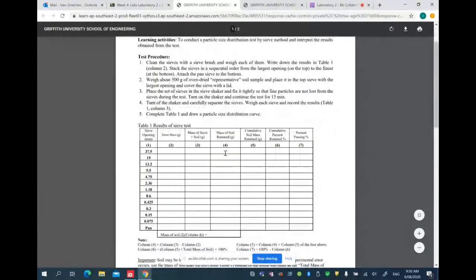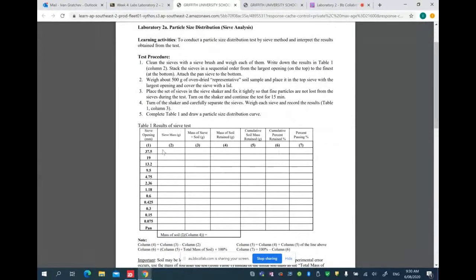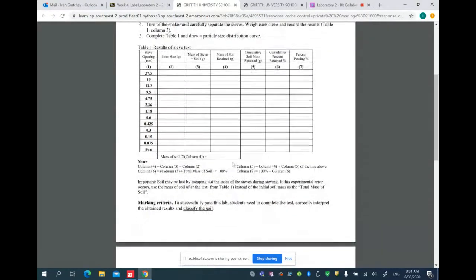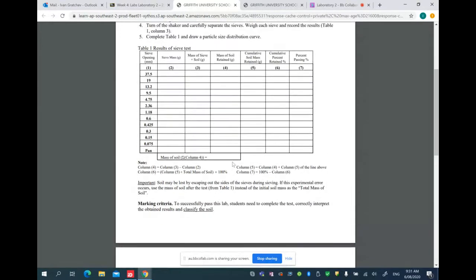When I do the test in the video, I put all the information in this table, and then I work out each column, and then I plot whatever numbers I have in column 7 against data from column 1. You will not do this one in the quiz, because it would take lots of time for you to do. But I would like you at least to watch the video and see how it's done.